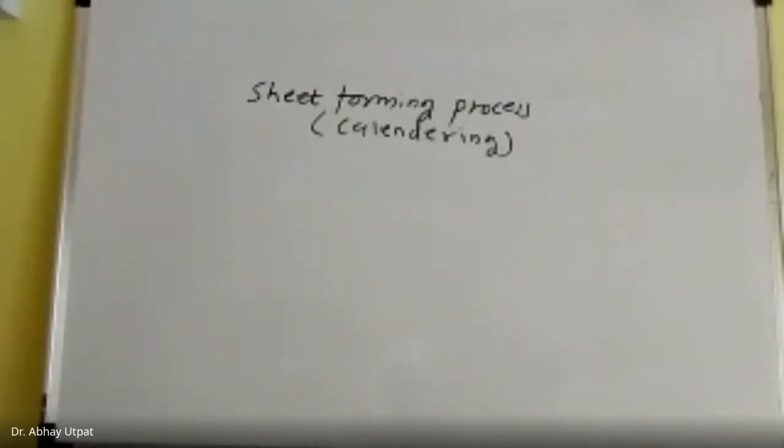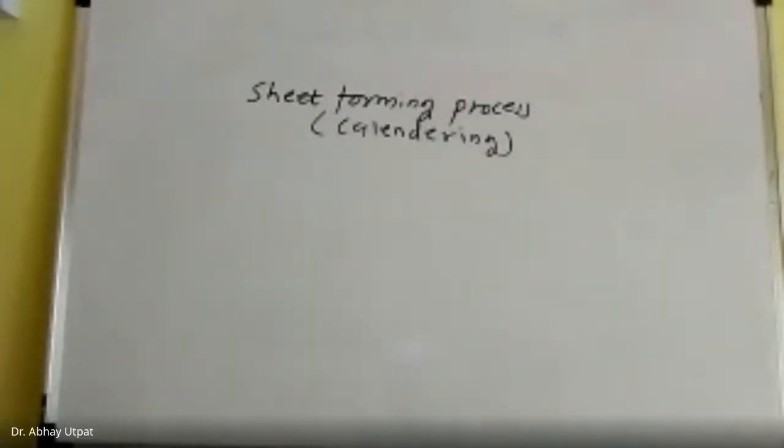Calendering is nothing but producing thin plastic sheets by passing them in the number of rolls. Full stop.